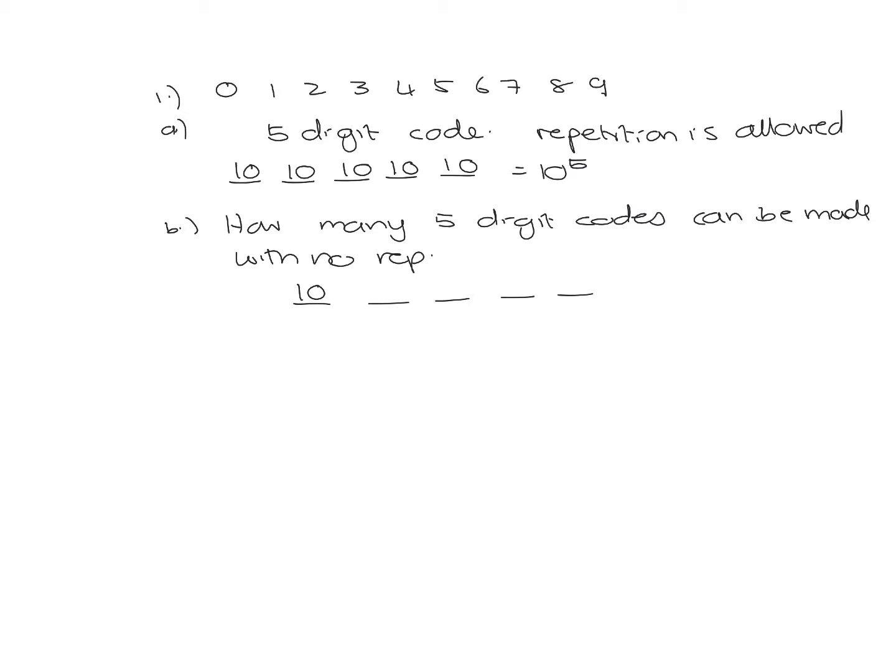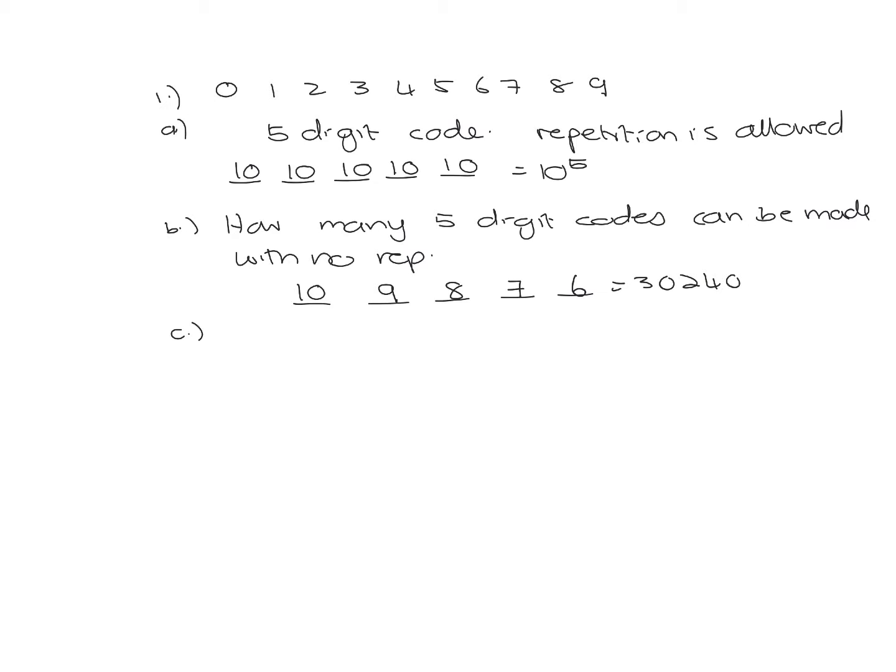Now a number's gone, so we've got 9 choices, 8 choices, 7 choices, and 6 choices. So you say 10 times 9 times 8 times 7 times 6, and your answer is 30240.